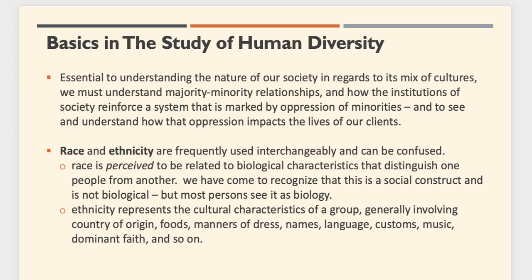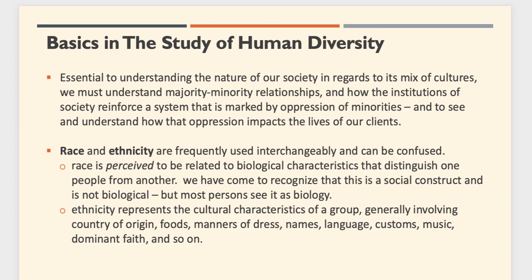One way that oppression is implemented in a culture is through the concept of race. The concepts of race and ethnicity are often used interchangeably and can be confused with each other, but they're really very different concepts. First of all, race is perceived, and I stress perceived, to be related to biological characteristics that distinguish one people from another.